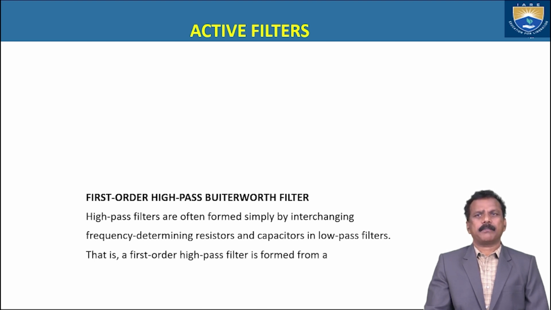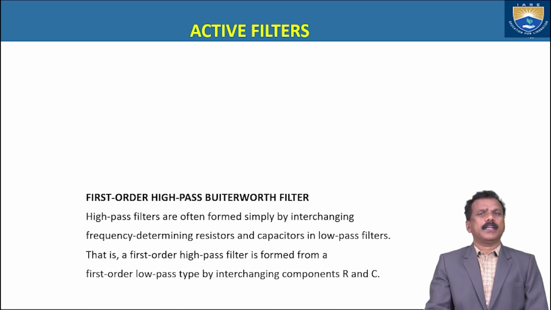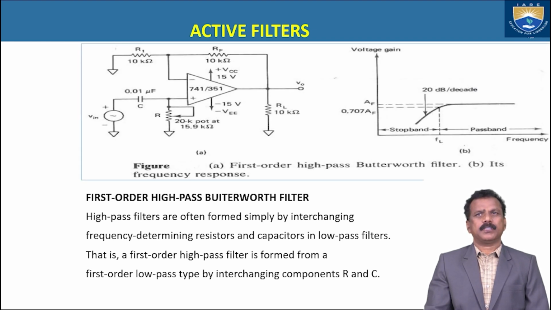So the first order high pass filter is formed from a first order low pass type by interchanging components R and C. Here, the inverting terminal is connected with R1, and R1 and RF are connected to the output V0 with the load resistor RL. The non-inverting terminal is connected to R and a capacitor, and the capacitor is connected with Vin. This is the first order high pass Butterworth filter.